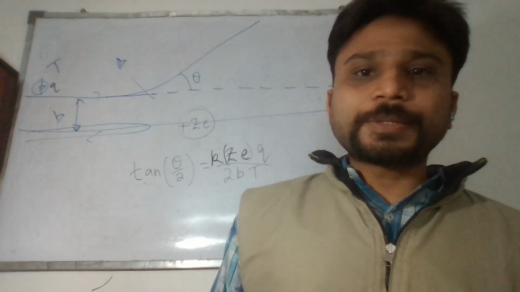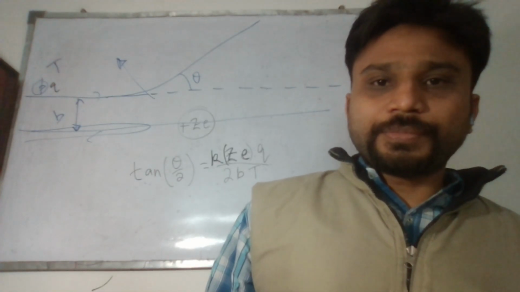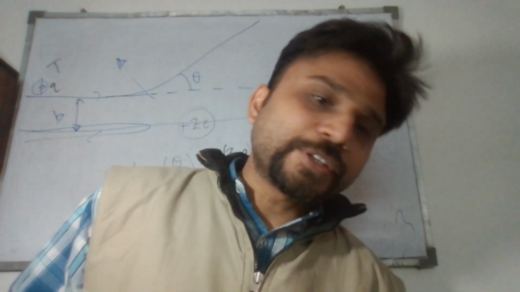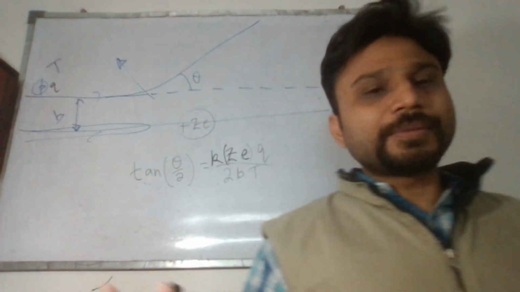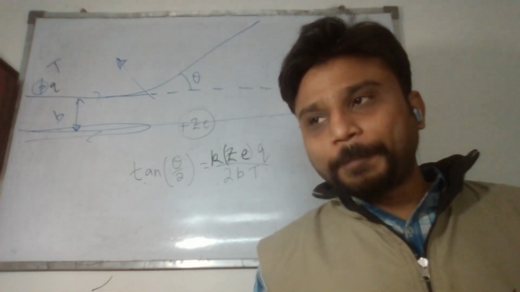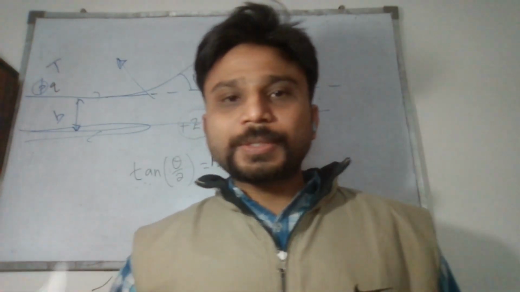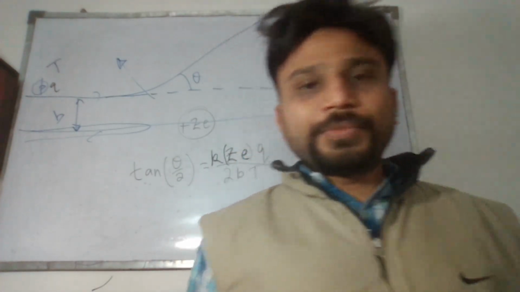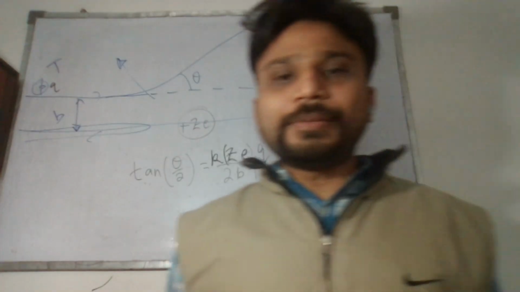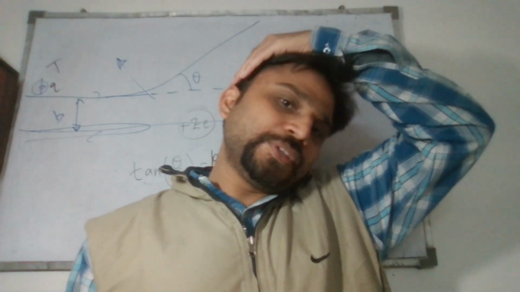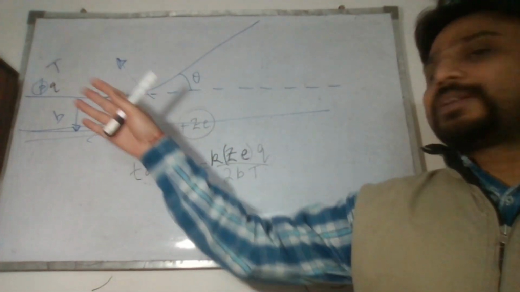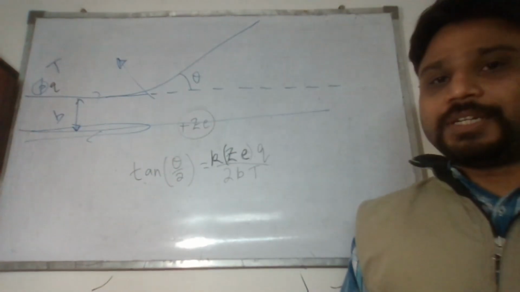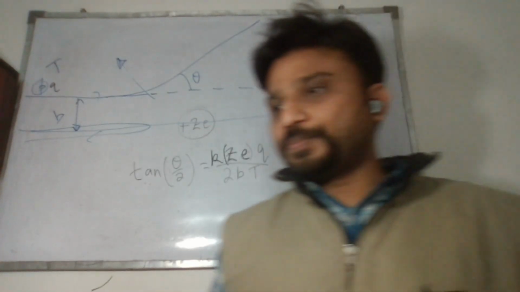We are not considering modern electromagnetic theory, where a charge moving in a non-uniform field is accelerating, so it should lose its energy in EM form. That we are not considering. We are simply saying that this is classical mechanics and this is a Coulomb field. So whatever energy it has initially, it will also have finally. Its final energy will remain T.